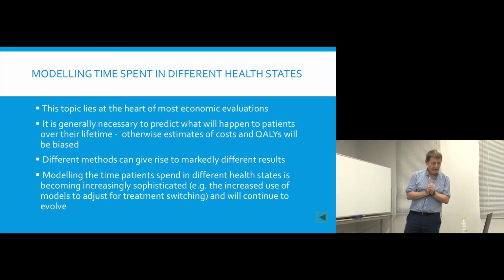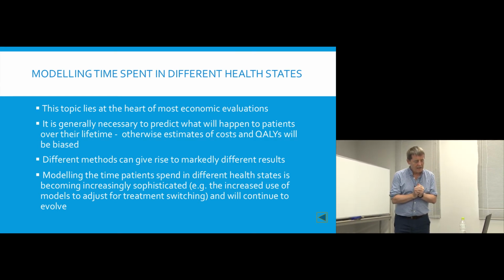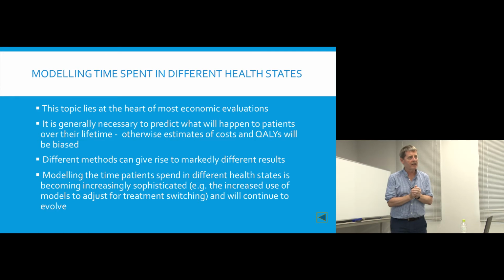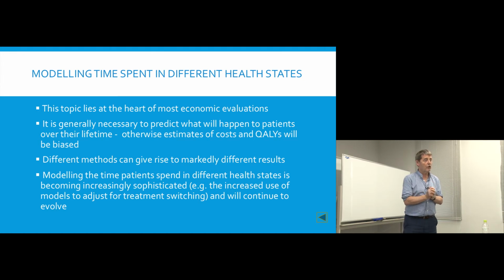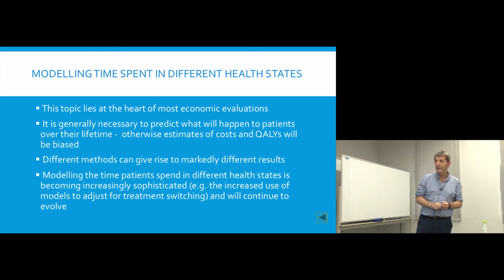More than that, the time you spend in a particular health state is directly related to the estimated qualities or quality-adjusted life years that you're going to experience. And the better the health state, the higher the score we attach to it. So the QA, the quality-adjusted part, is increasing.